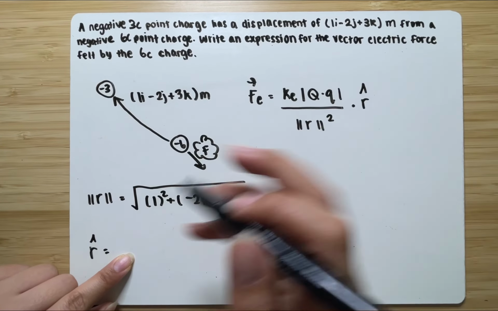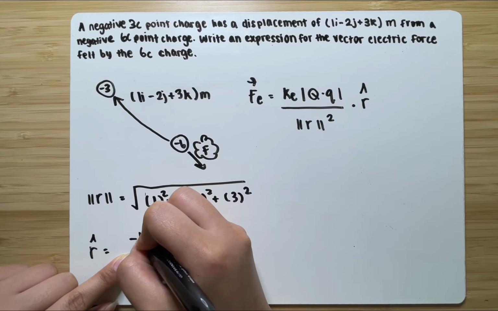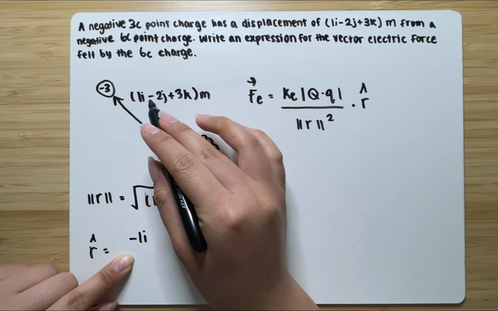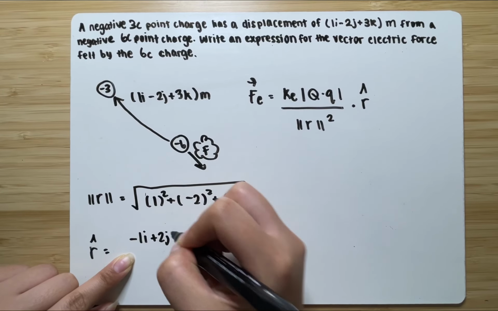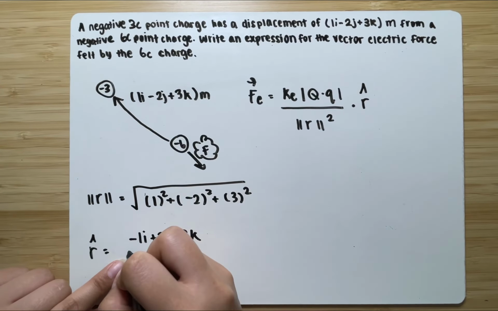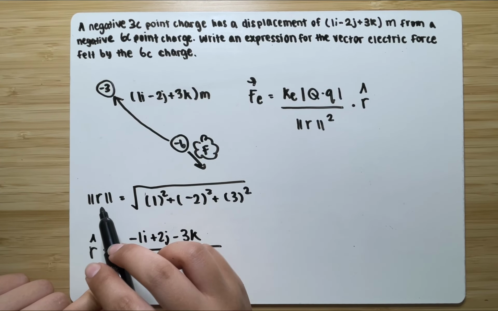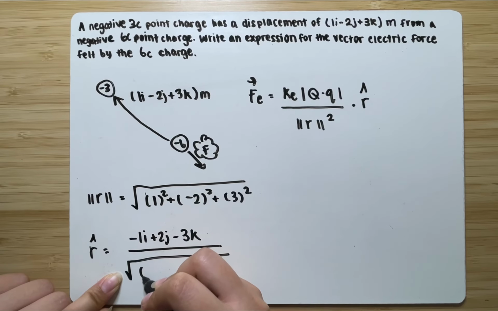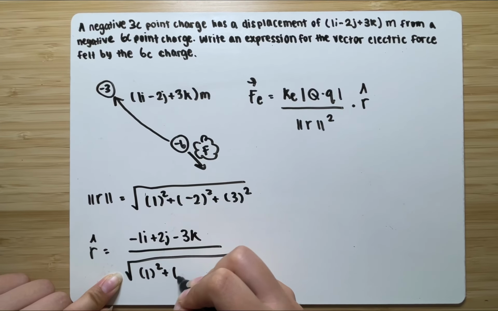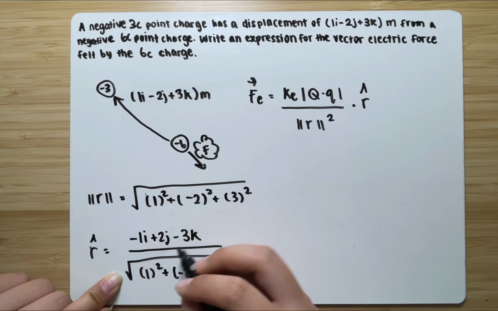So you would have a negative 1i, positive 2j, and a negative 3k. Okay, and then as for the magnitude, it would be this. 1 squared plus negative 2 squared plus 3 squared. It will be the same.